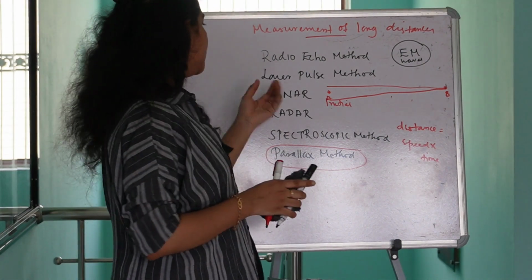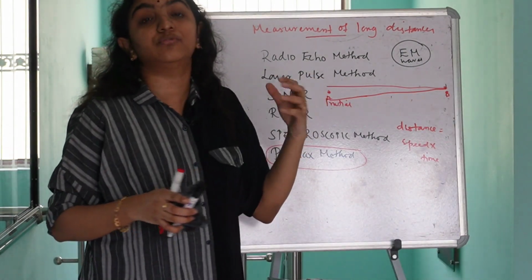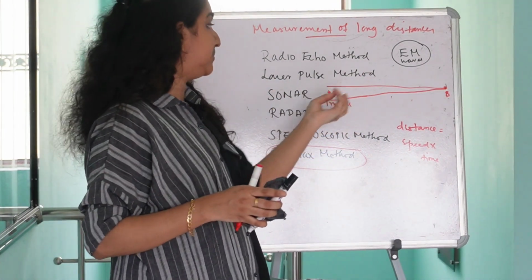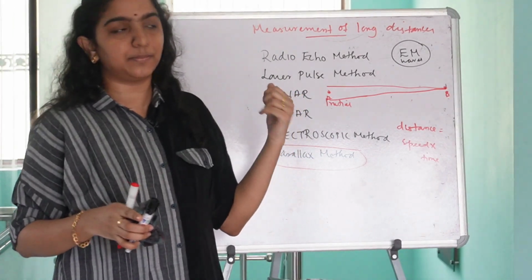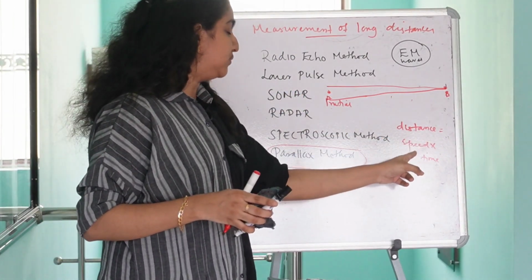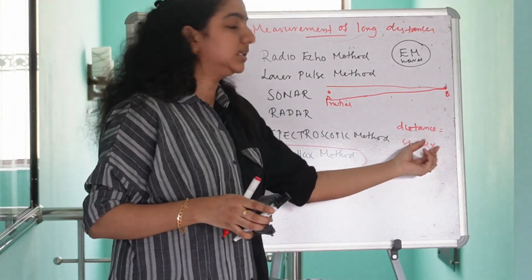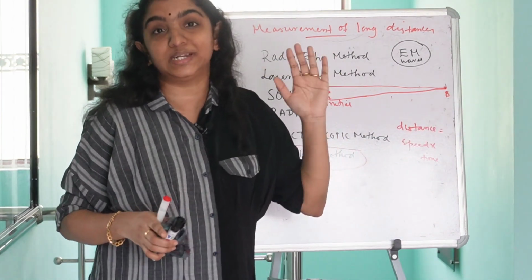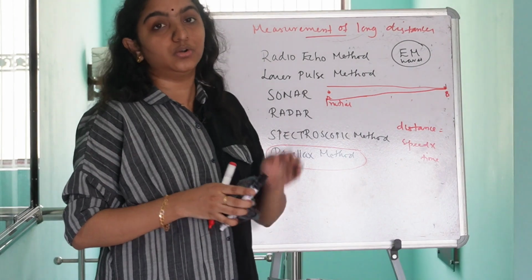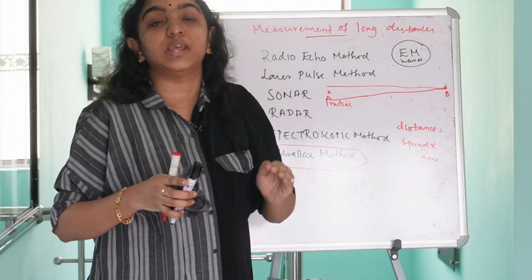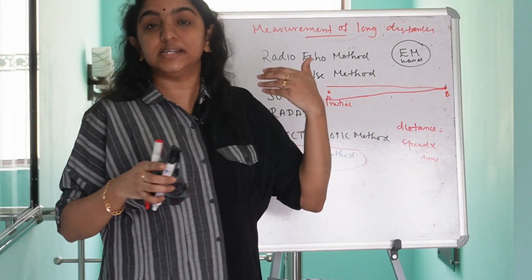Knowing the speed of laser pulses, and measuring the time taken for the reception of the reflected laser pulse, we substitute these two values in this equation and find the total distance. And in the radar method also, we use electromagnetic waves for calculating the distance traveled.